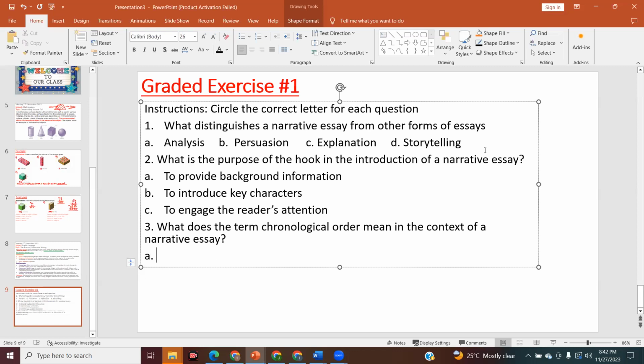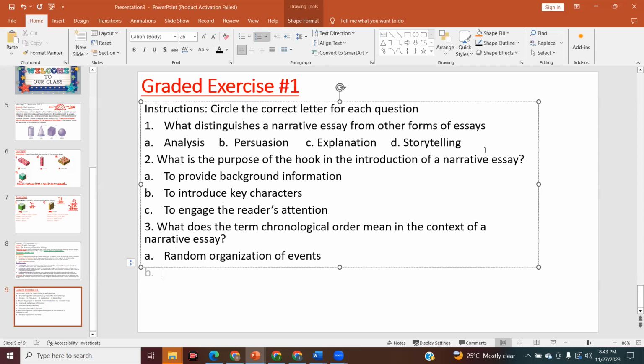Is it A, random organization of events? Write this down for me, please.